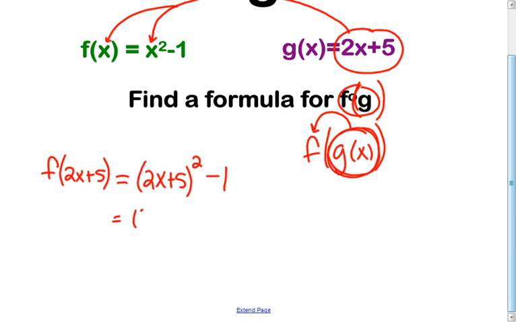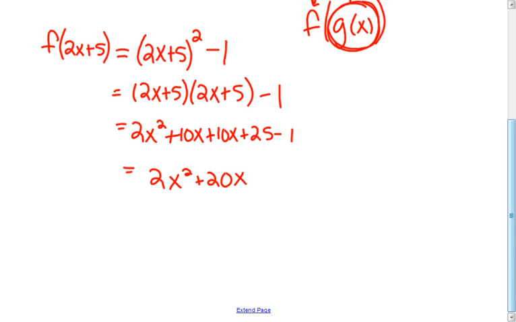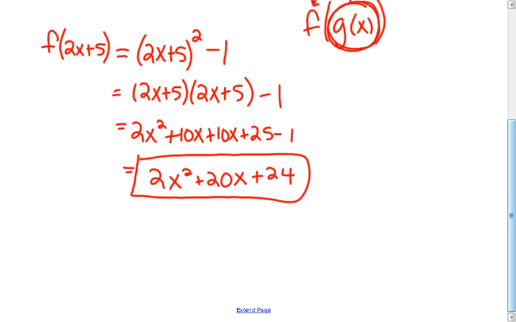Super common math mistake, but (2x plus 5) squared really means (2x plus 5) times (2x plus 5). Okay, when you FOIL that out, you're going to get 4x squared plus 10x plus 10x plus 25. And then when you simplify all that, you'll have 4x squared plus 20x, and then 25 minus 1, of course, is 24. So this is the formula right here for F of G of X.